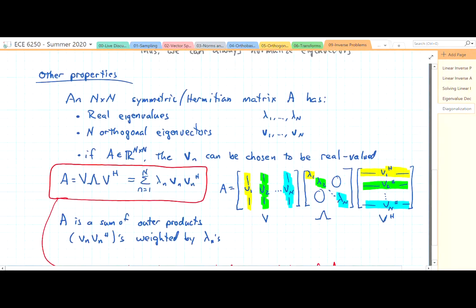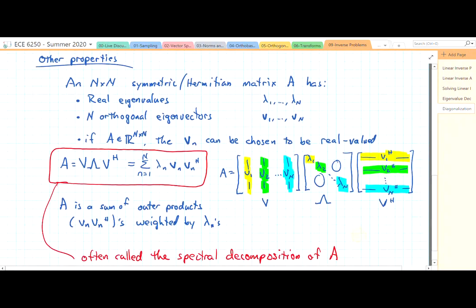So here are the main properties that we're going to take advantage of quite a bit. And that is first, an n by n Hermitian matrix always has real eigenvalues. Second, and I think this is very, very important, it has n orthogonal eigenvectors.